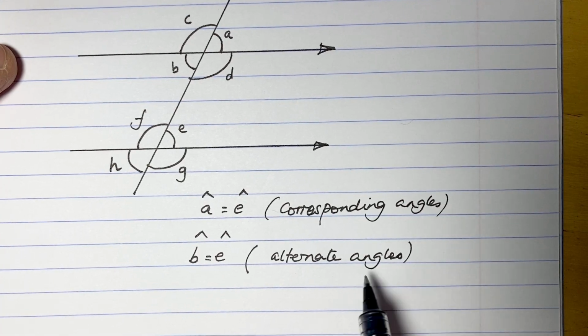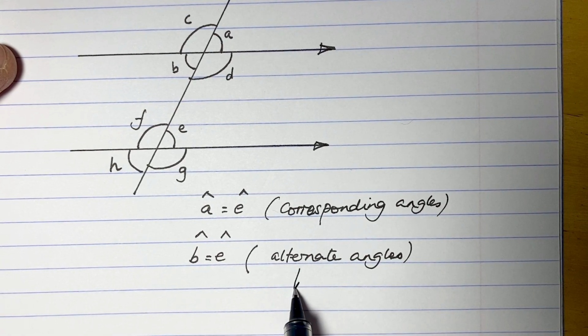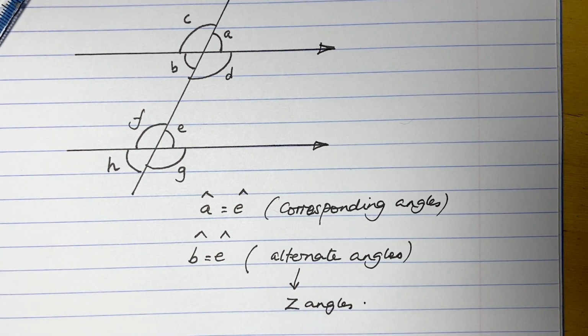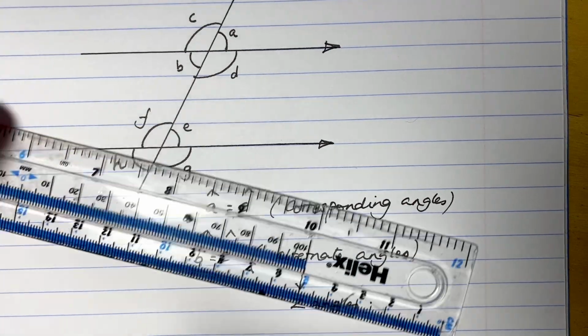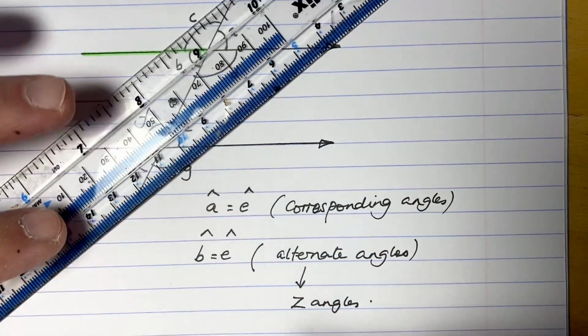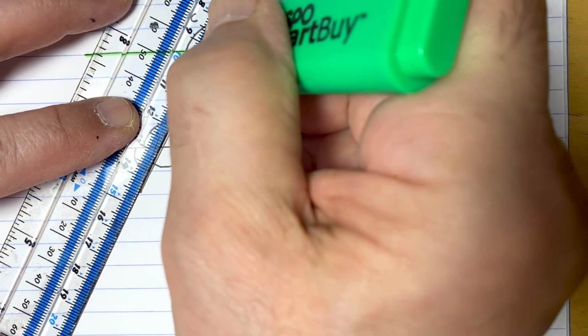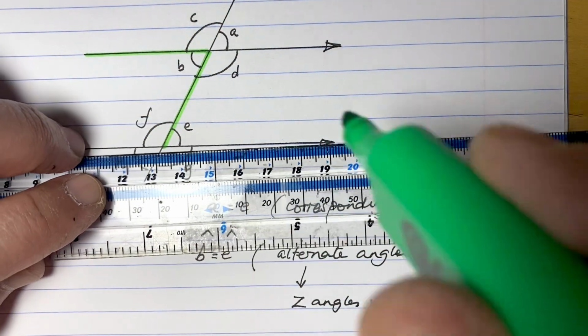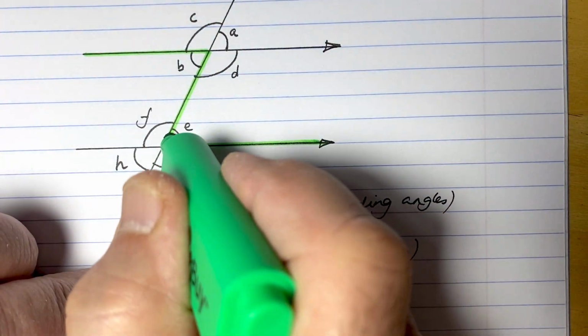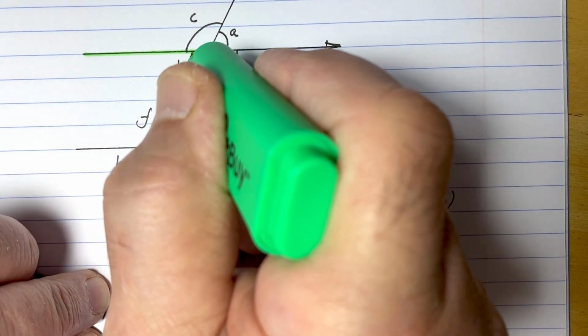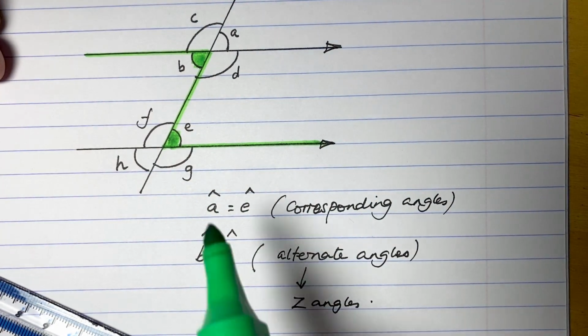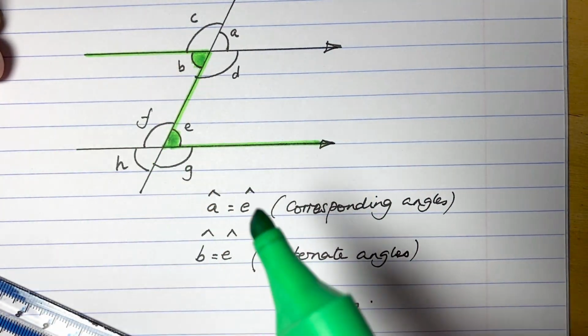And in primary school, they call them Z angles. I'll explain why Z angles. Because if you highlight these lines, this angle here and that angle are the same size and they're alternatively on either side of the line.